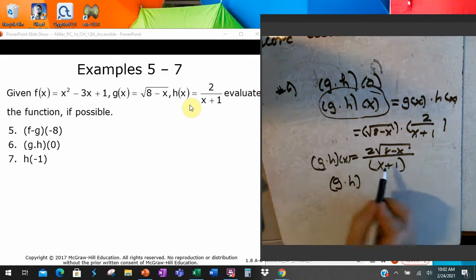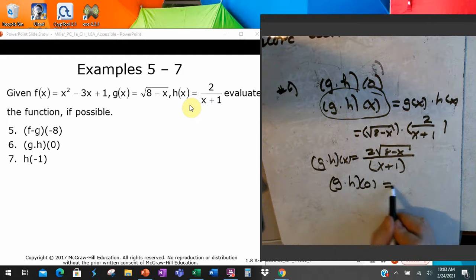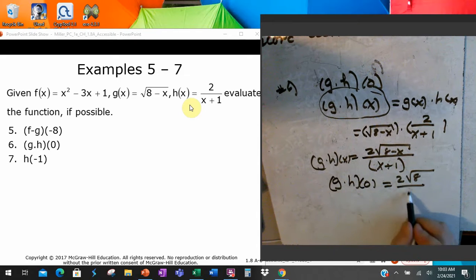Now evaluating at 0, it is 2 square root of 8 minus 0 over 0 plus 1, which is 1. So this is just 2 times the square root of 8. The 8 is 4 times 2, and the 4 is a perfect square, so I can take it out as a 2. So this would be 4 square root of 2.